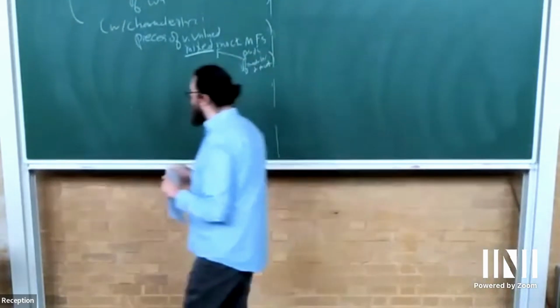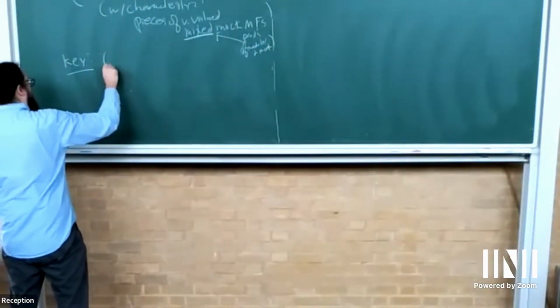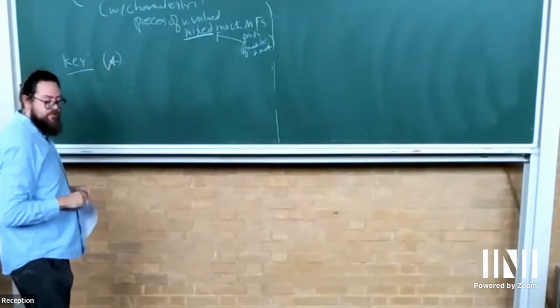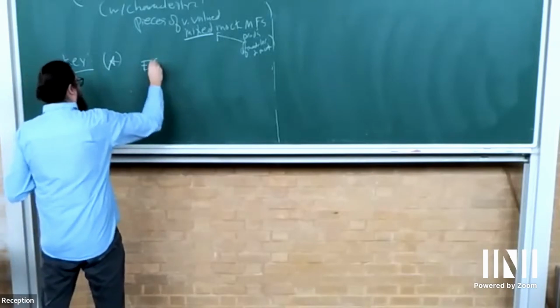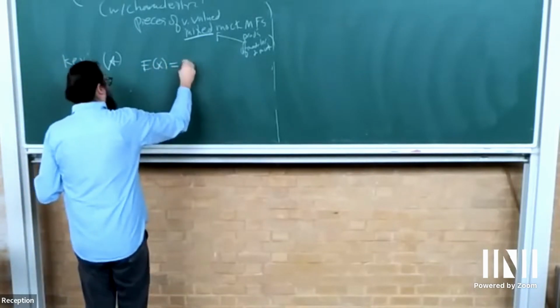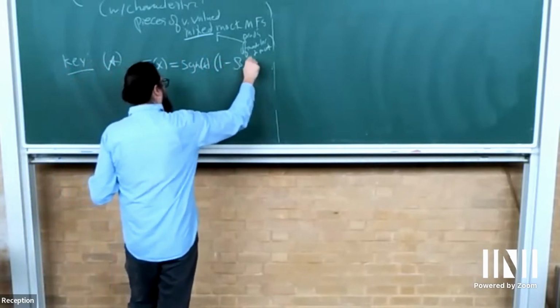So there's a key identity. I'll call it equation star. It's just a simple special functions identity, a little exercise if you like. The error function has a representation as sign of x times 1 minus beta of x.